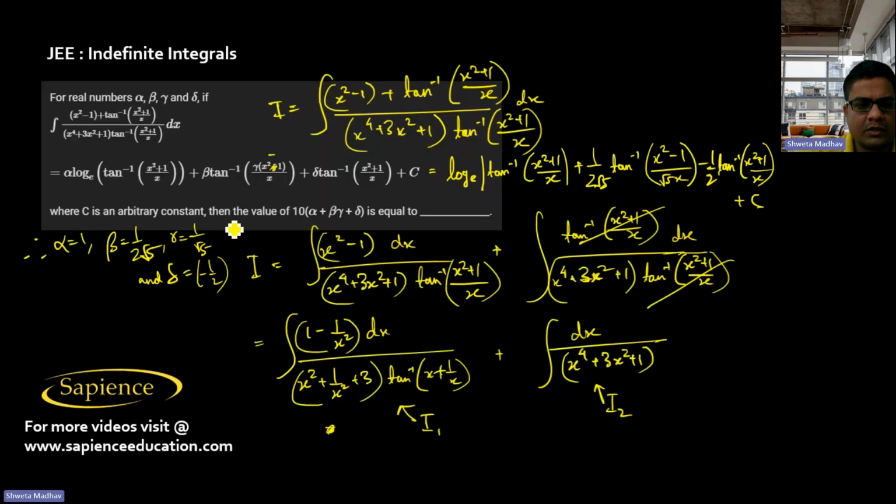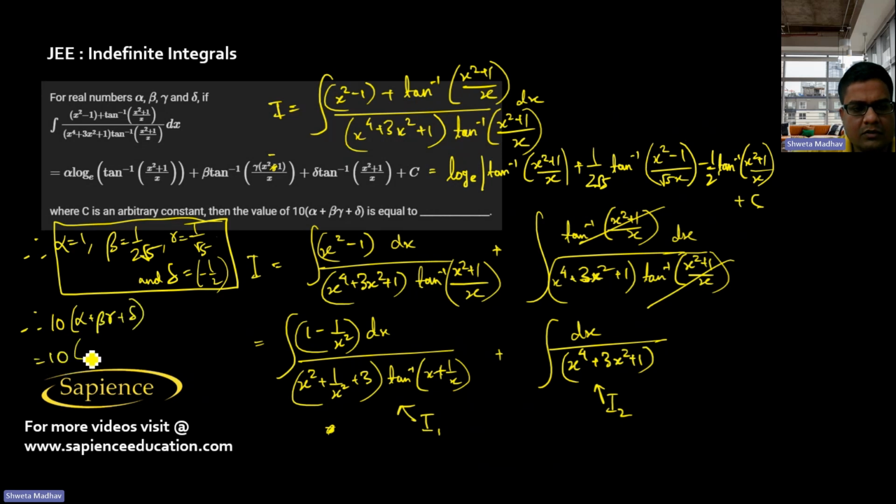So if we compare, these are the values we get for alpha, beta, gamma, and delta. Therefore, you have to find the value of 10 into alpha plus beta, gamma plus delta. This will be 10 into alpha, that is 1, plus beta gamma, that is 2 5s are 10, plus delta, that is minus half.